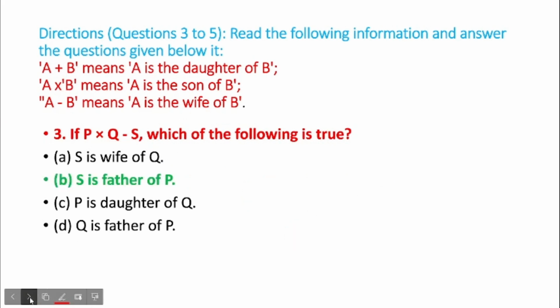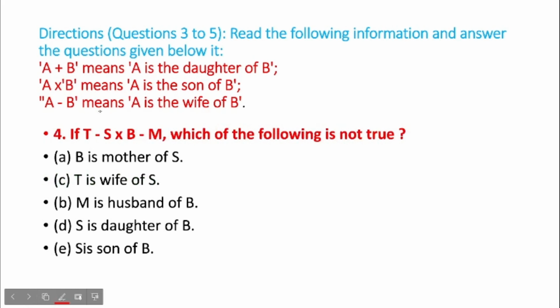Let's move on to the fourth question. So we need to follow the same relations given, and we need to find out the relation between T, S, B, and M. So which of the following is not true? We have to find out the relations and find the given relation which is not true in the options.